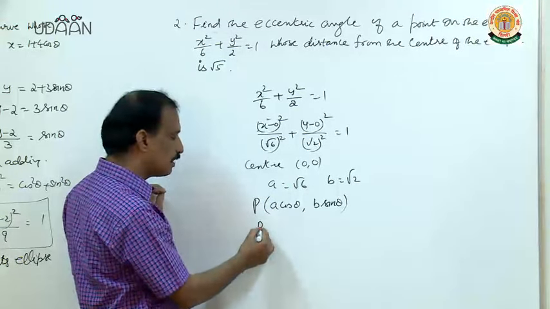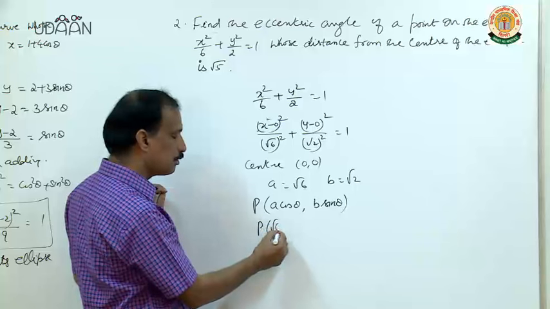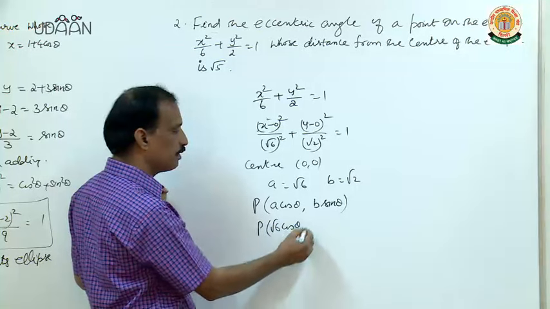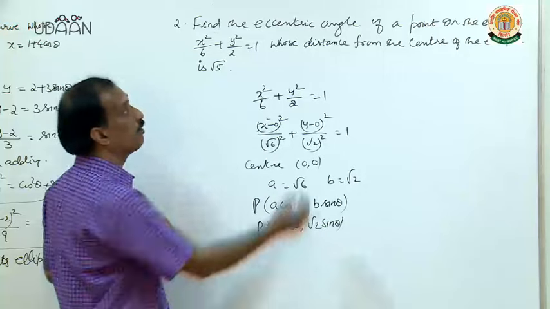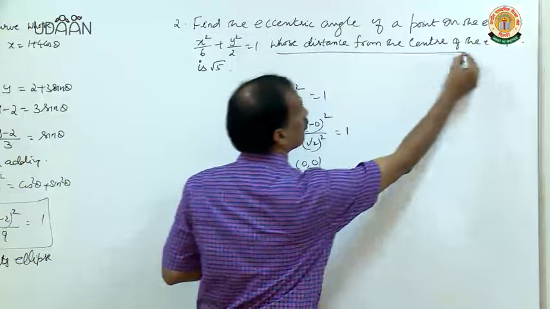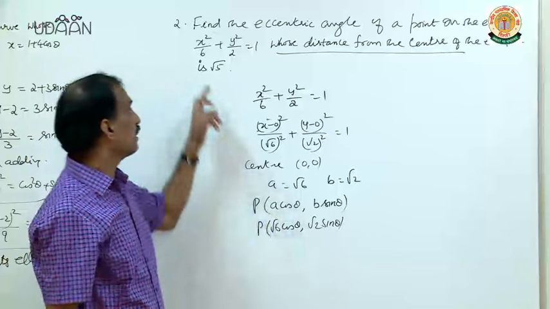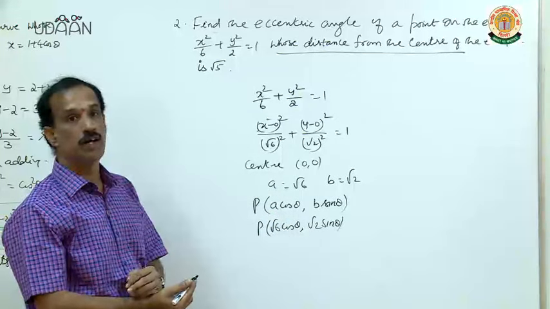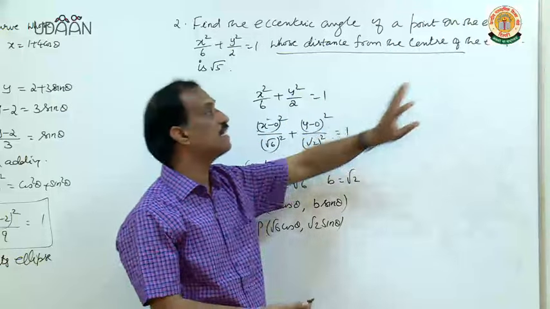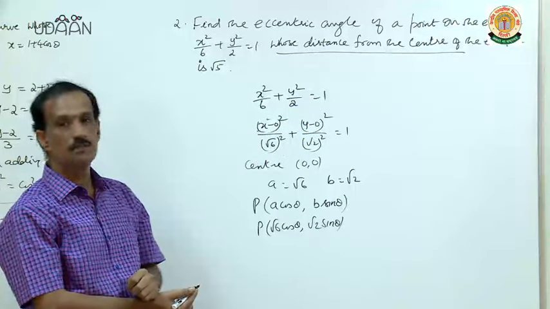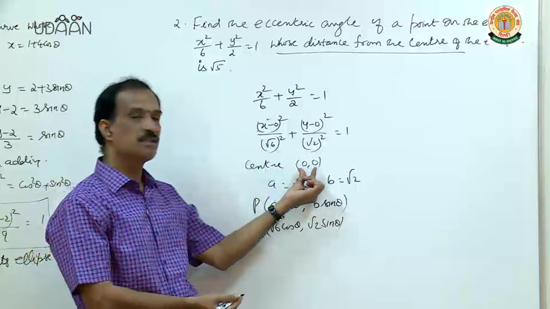Therefore this point P is root 6 cos theta, root 2 sin theta. Now what is given? The distance of this point from the center of the ellipse is root 5. The center of the ellipse is 0, 0.